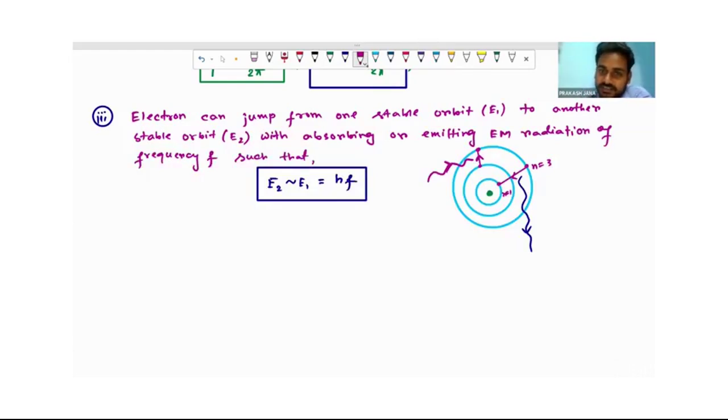So here absorption is taking place and here emission is taking place. So the electron can jump from one stable orbit to another stable orbit by absorbing or emitting electromagnetic radiation, and the relation is E2 minus E1 equals hf.